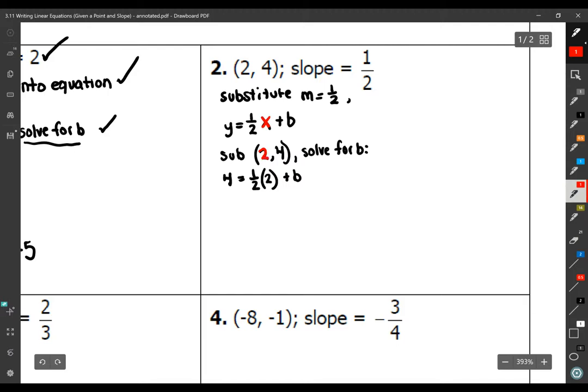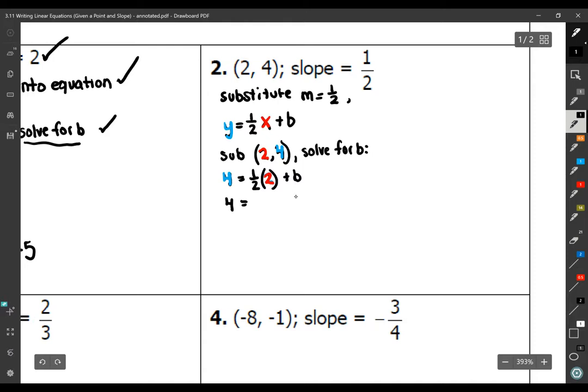So I'm substituting in, right? So my x here got replaced with the number 2. My y here got replaced with the number 4, right? So you can see, hopefully you guys see very clearly, you know, why and where I'm putting in the numbers, okay? Now I'm going to simplify a bit.